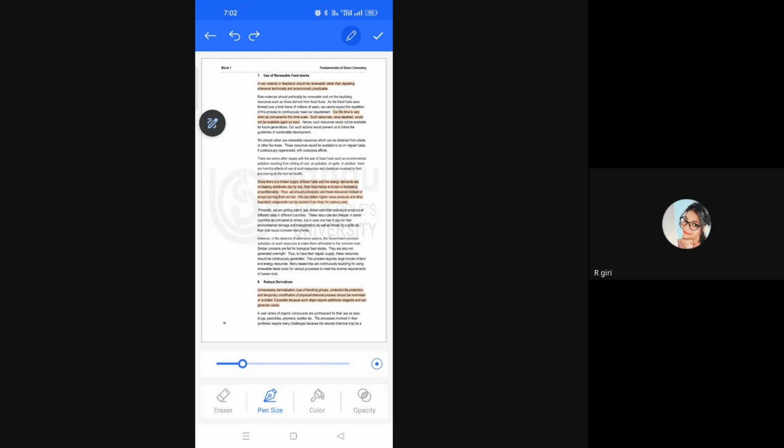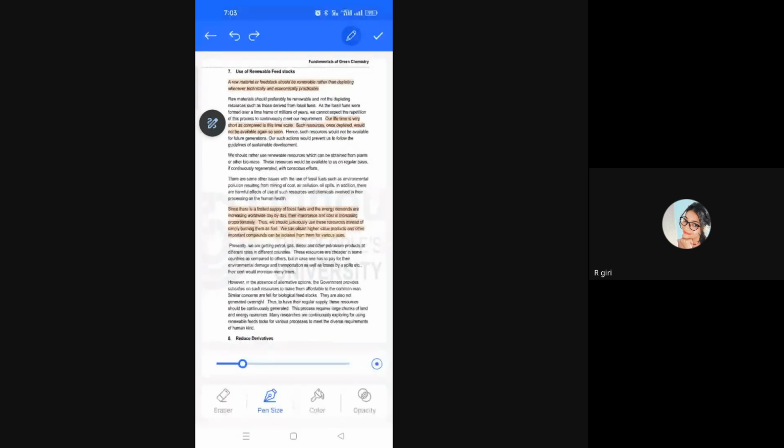Then the seventh one is use of renewable feedstock, because within this environment all the substances, coal, petroleum, are available in very small amounts. So you should always adopt renewable resources. The raw material or feedstock should be renewable rather than depleting whenever technically and economically practicable.